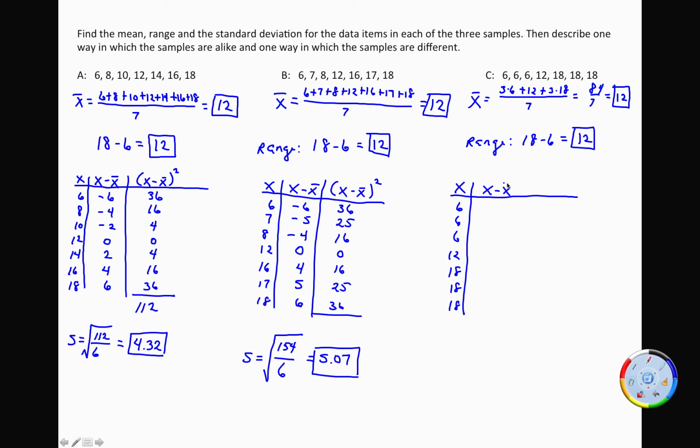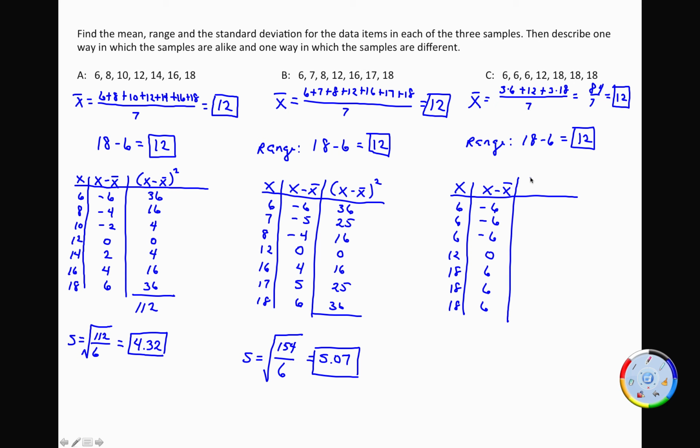Find their deviation from the mean, which is 12. So 6 minus 12, 6 minus 12, 6 minus 12, 12 minus 12, 18 minus 12 is 6, 18 minus 12, 18 minus 12.